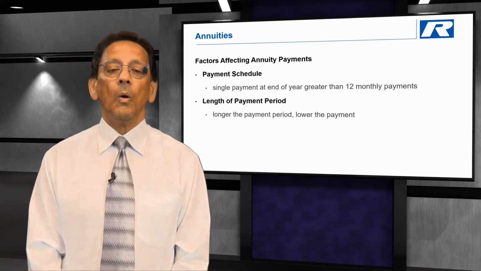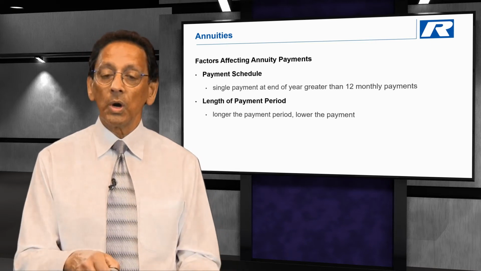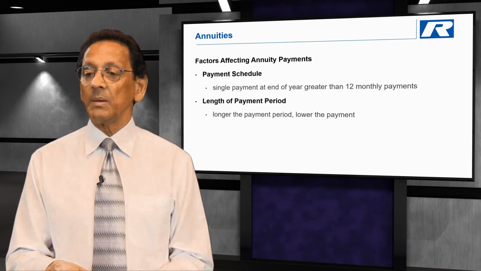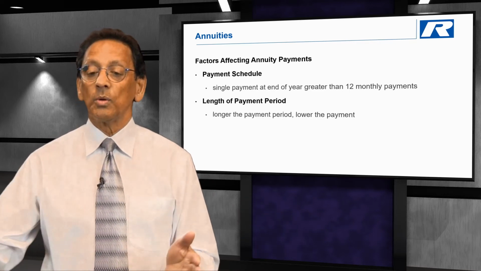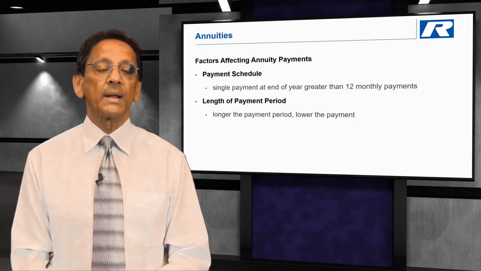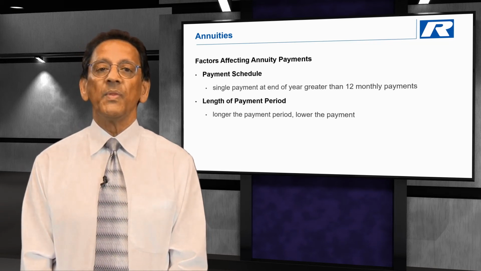If you said, I want to receive payments for 10 years, you're going to get more than if you want to receive payments for 20 years. So the length of the term of payment will also impact how much you're going to be paid on a monthly basis from that annuity.